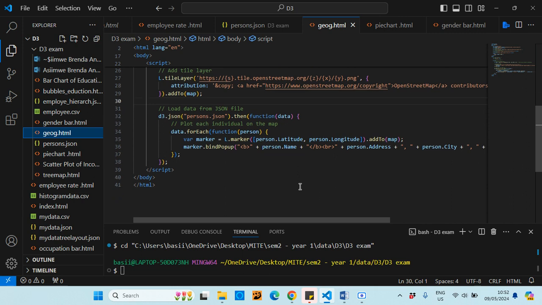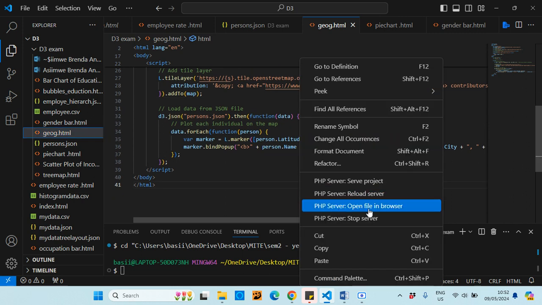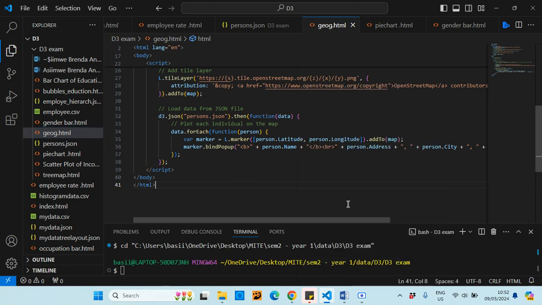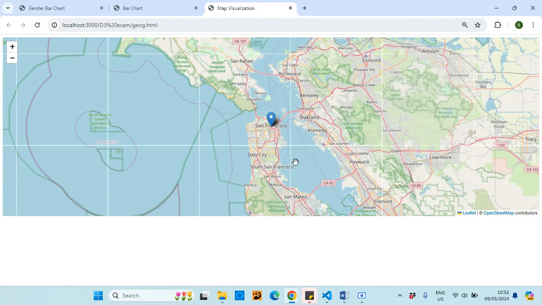When we load this data set, this is how it ends up looking. For example, let me just show you this one person, Sophia Lopez, and this is Sophia's address, from California, USA. As we can see, the person is from San Francisco.